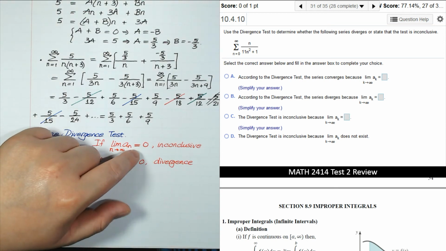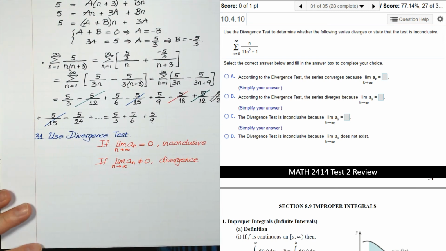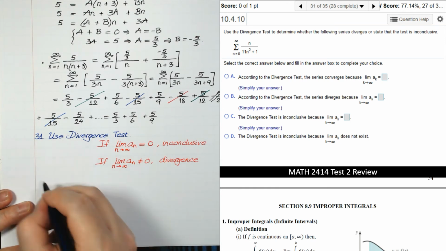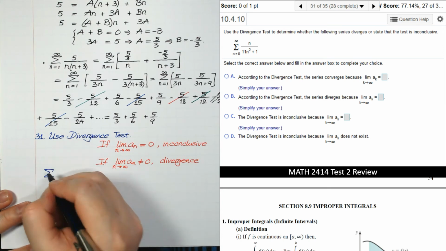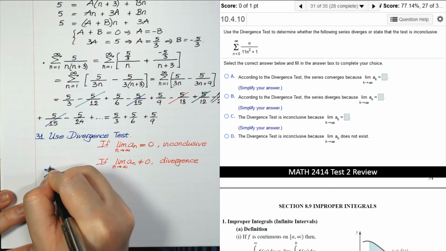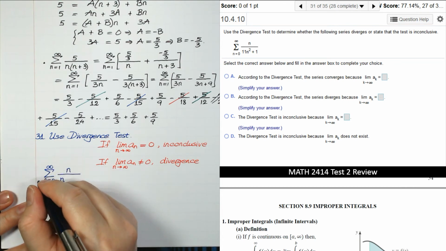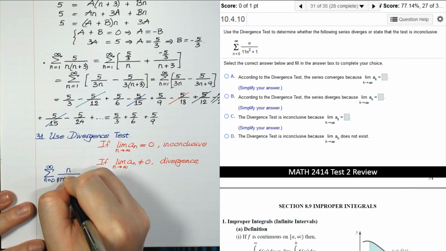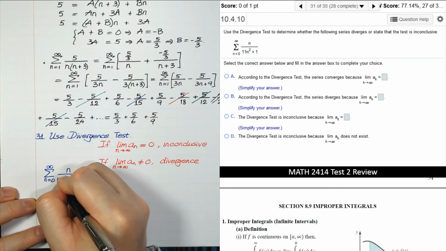Even when it goes to 0, it's still inconclusive. But if it's not equal to 0, then that will be divergence. Only test for divergence here.